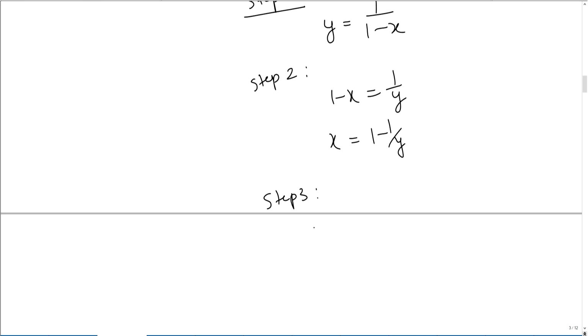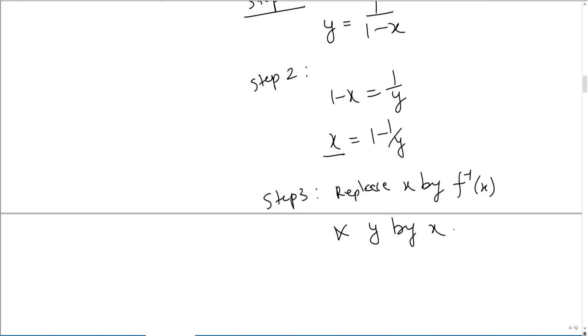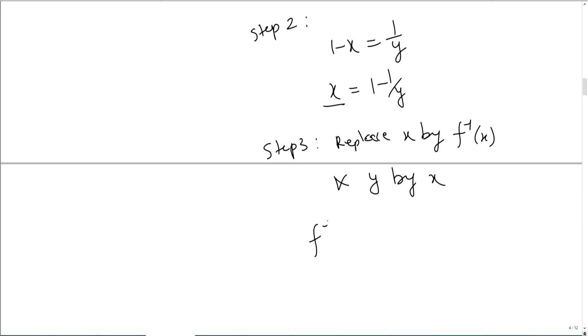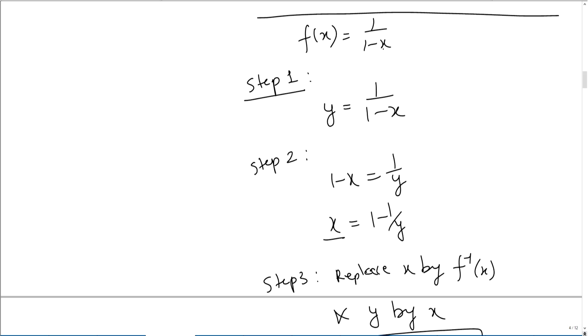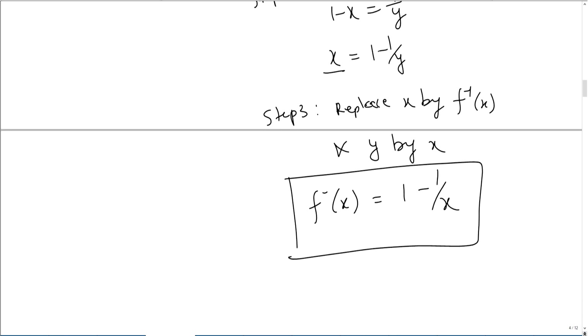So we replace y by x and we replace x by f inverse x. Okay, so f inverse x would be 1 minus 1 by x. So this is the inverse function of the function f of x equals 1 divided by 1 minus x. Okay, so this is our inverse function.